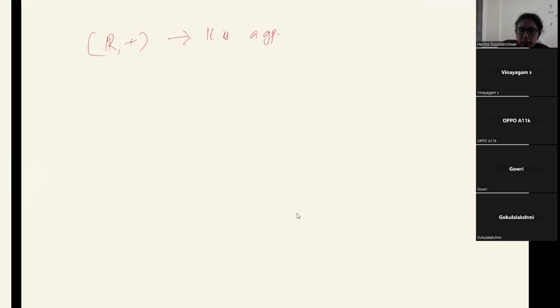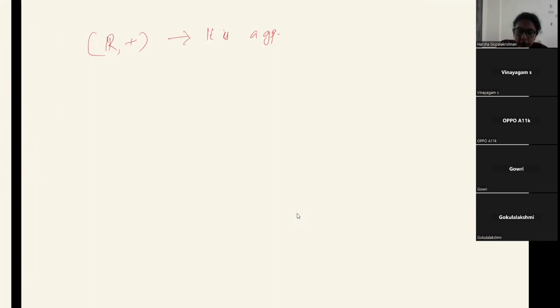It is clear that addition of two real numbers is a real number. That means closure property is satisfied. And the second one is associativity. That is clear. Whatever the order in which we add the elements, it does not matter, right? So associativity also holds. What is the identity here?